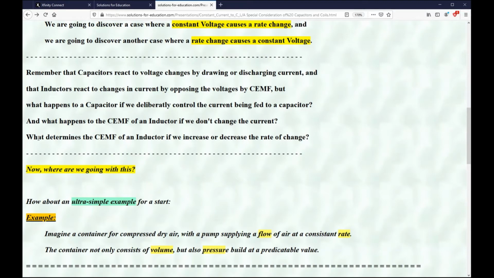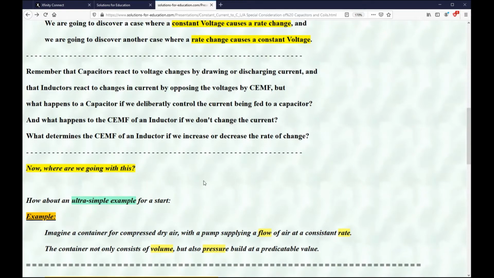In that same respect, what determines the counter EMF of an inductor if we increase or decrease, keyword, rate of change. Rate of change of what? Rate of change of the current. We've got to emphasize current. So from now on, all the way through the rest of our discussion, we're going to talk about current and the control of that current.